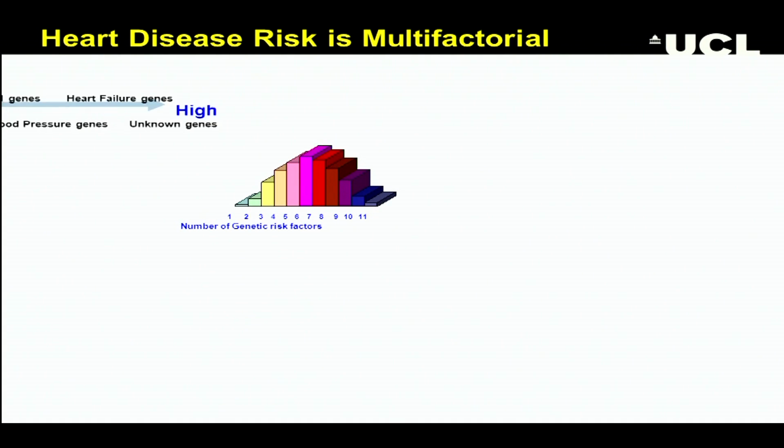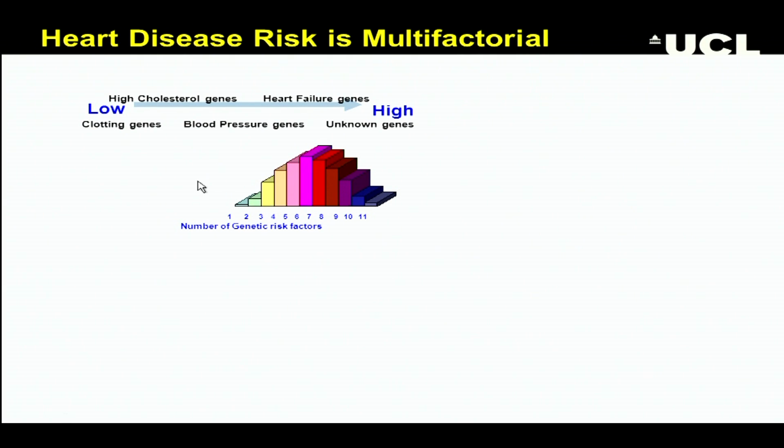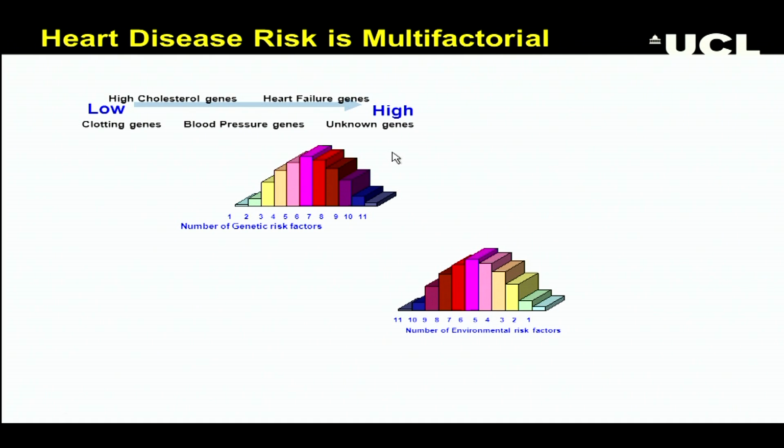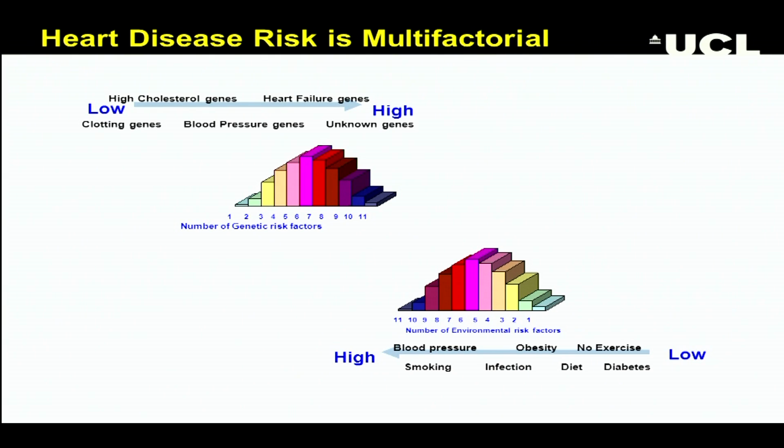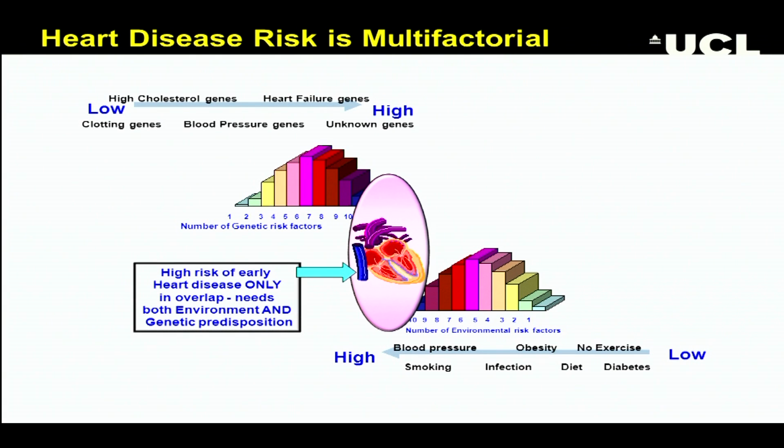The thing to remember is that heart disease risk is multifactorial, as we already showed in the early slide. So what you've got is that some people, by luck, have inherited very few risk-raising genes, risk-raising alleles, and others have inherited a lot: cholesterol genes, blood pressure genes, clotting genes, things like this. But equally, we inherit different environments. Some of us choose to maintain a healthy environment, and others don't, and by all these sorts of things that we discussed.